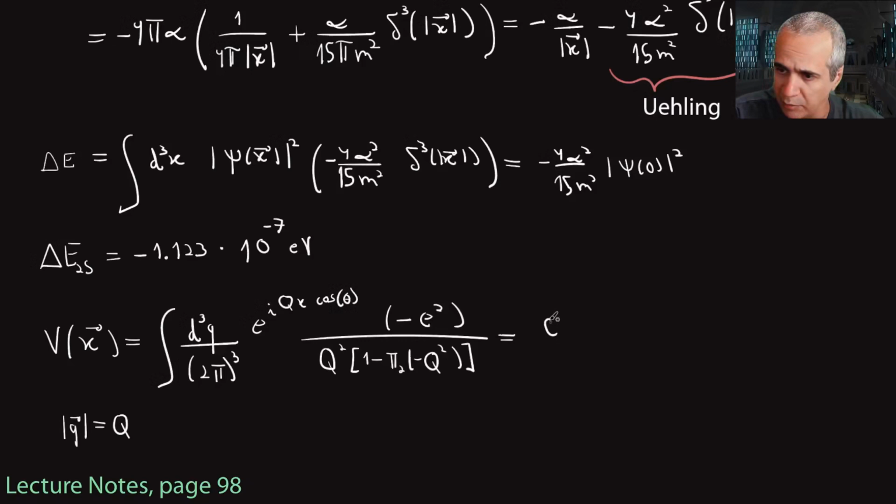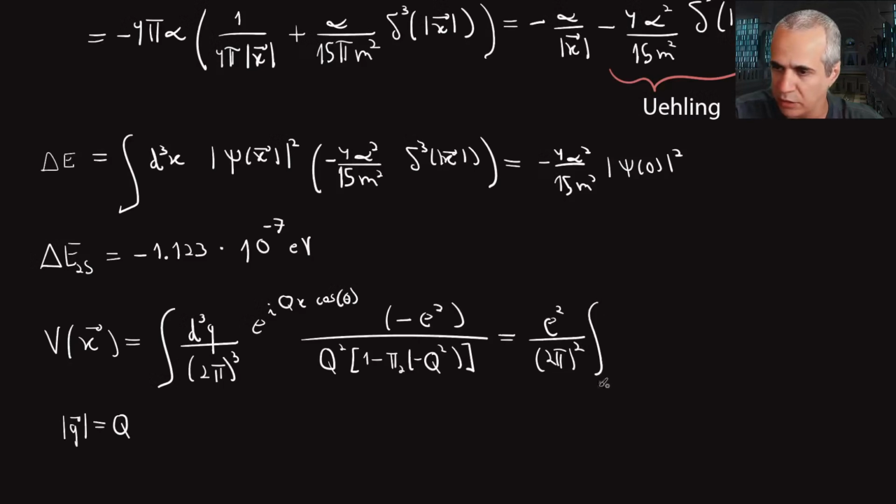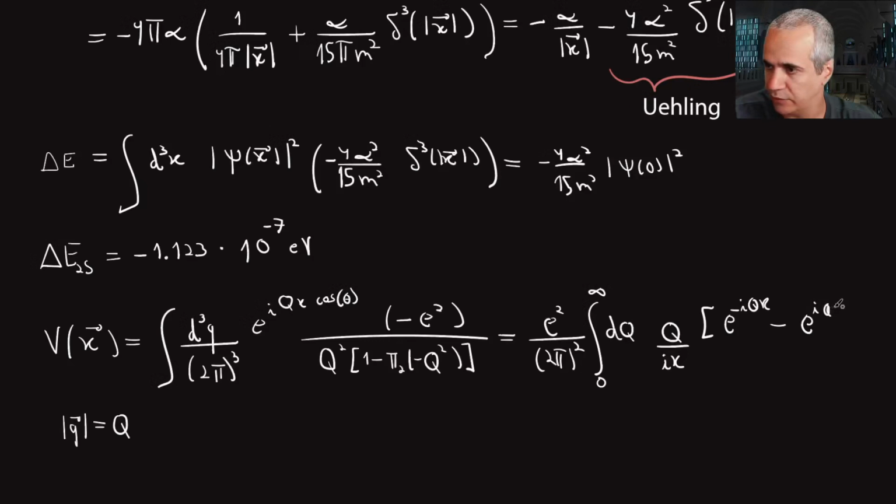This will become e squared over 2 pi squared, the integral in the modulus of q, which I'm calling big Q here, so I have a dQ, Q over i x times the exponential of minus i Q x minus exponential of i Q x, over Q squared, 1 minus pi 2 of minus Q squared.